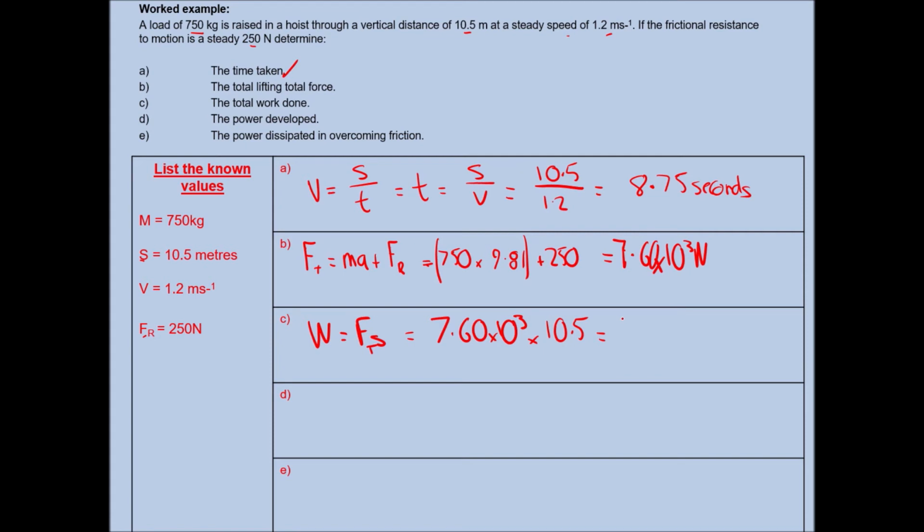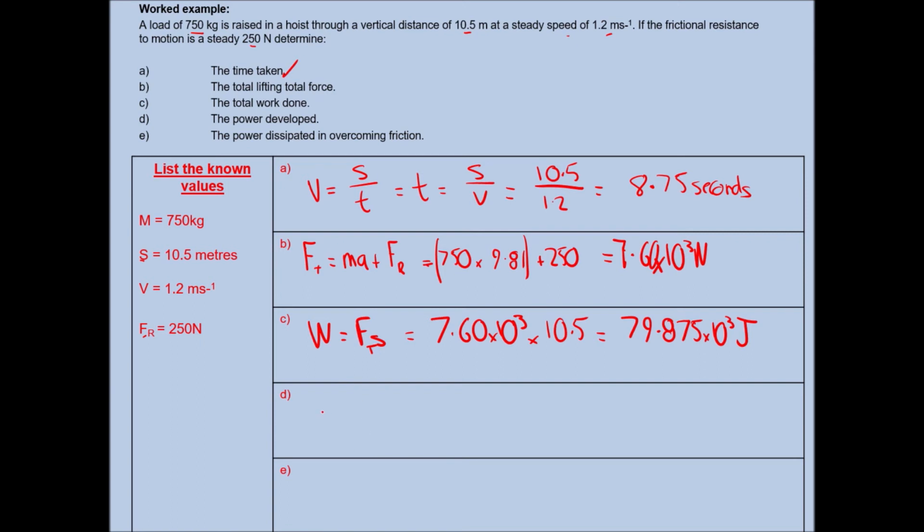We'll get an answer of 79.875 times 10 to the 3 joules. Now if you do 3 significant figures or 1 decimal place, obviously that would round up, but we'll leave it as that just now because it might make some of our further on calculations a bit more accurate.